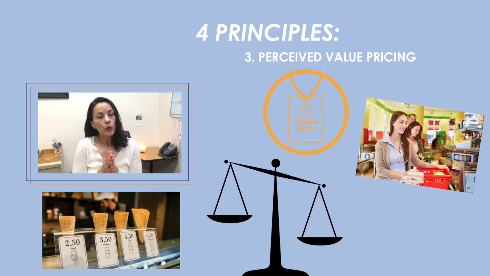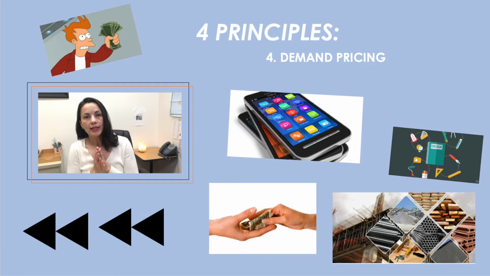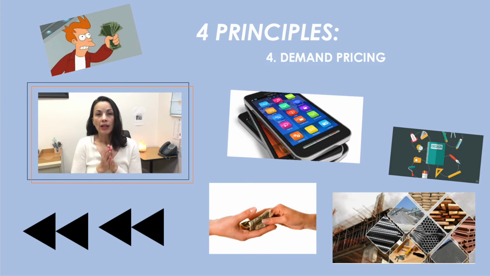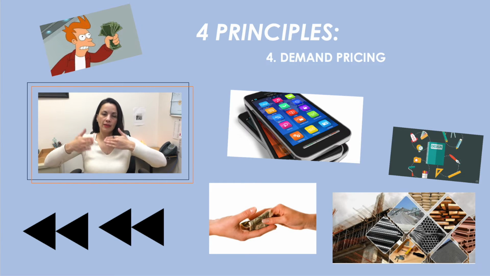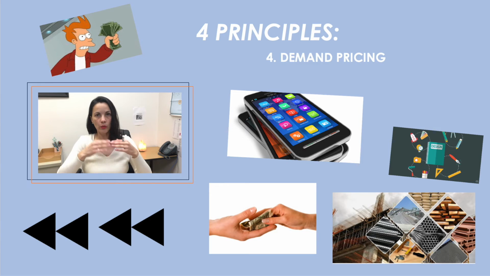The last one is called demand pricing, and a lot of companies do this because they know what customers are willing to pay for a product, and then they work themselves backwards, and then they decide what materials to use, what kind of design to use based on what people are willing to pay for something.